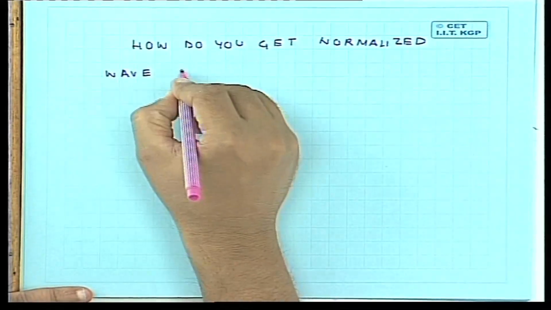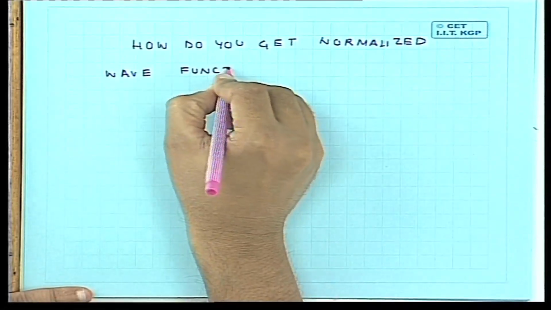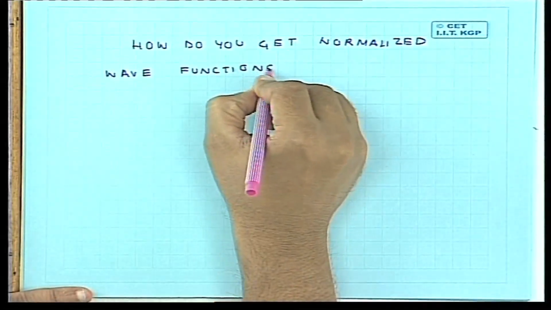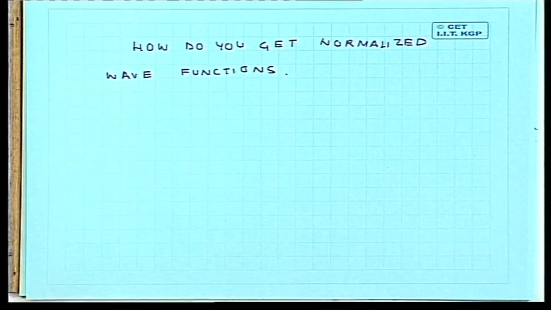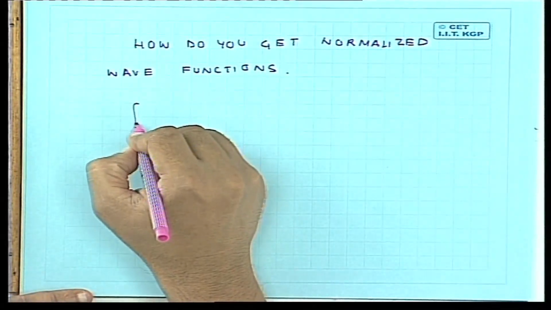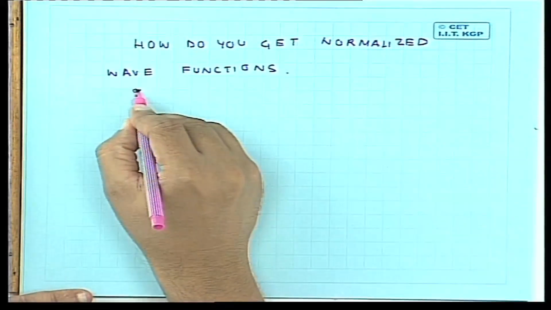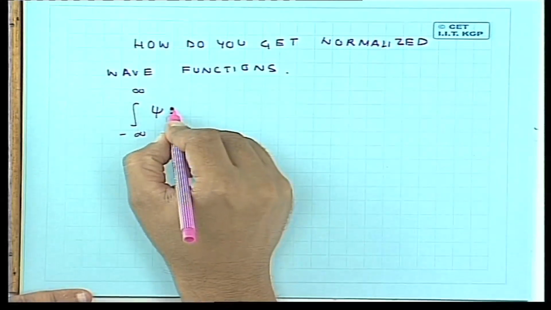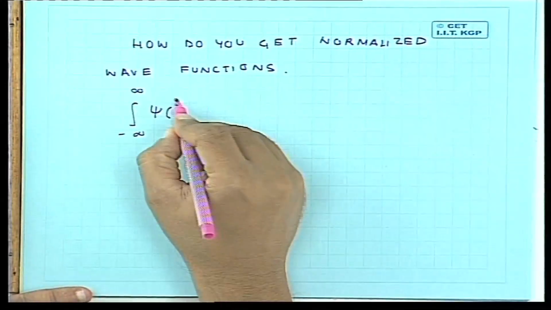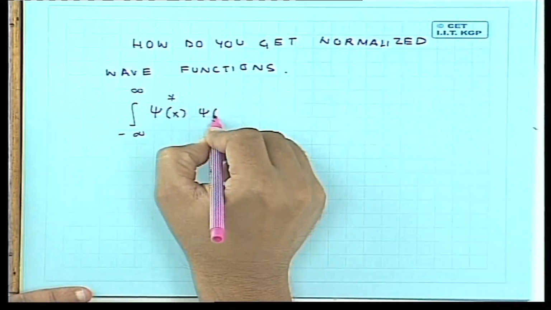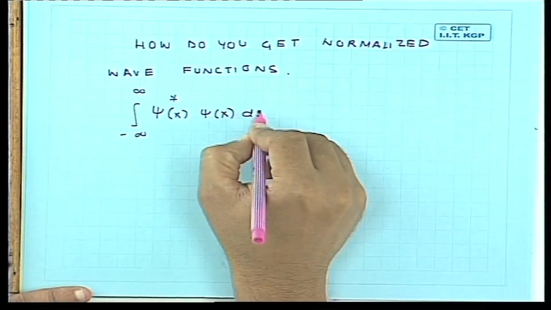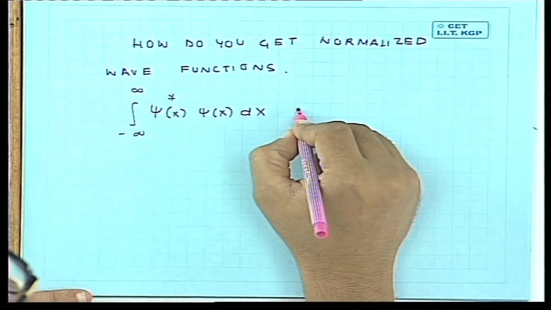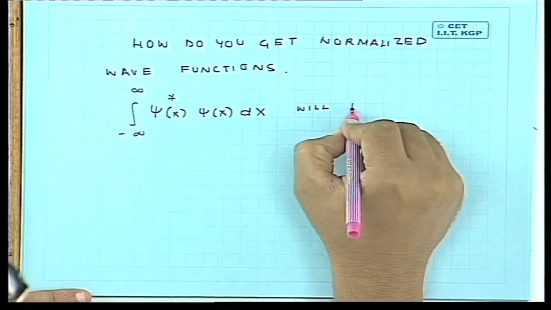Because for each of these functions, the integral from minus infinity to infinity of psi star x psi x dx is going to blow up, will diverge.